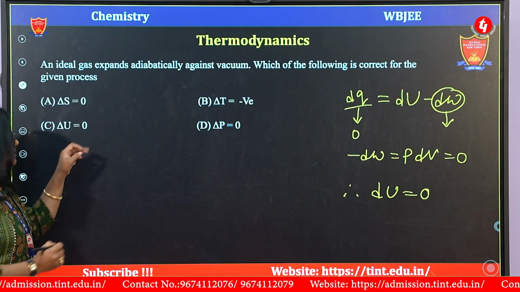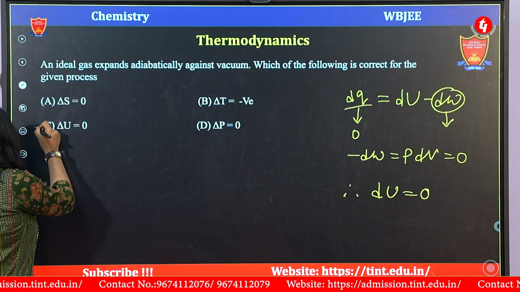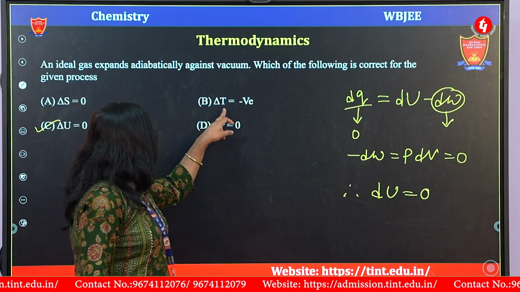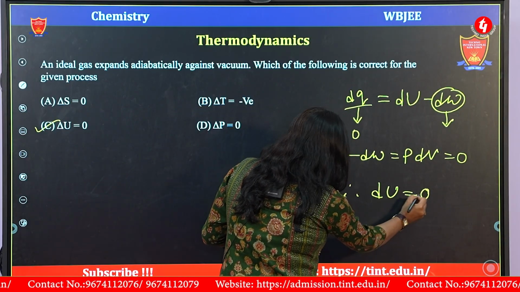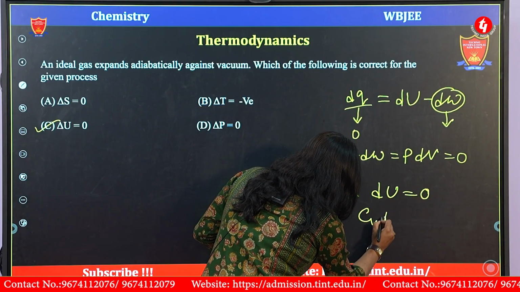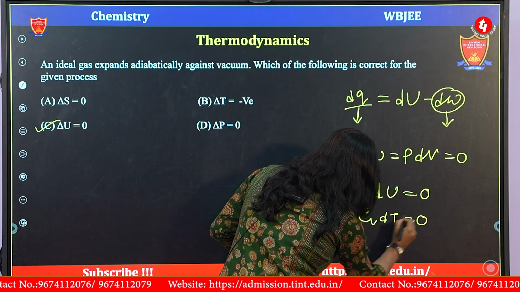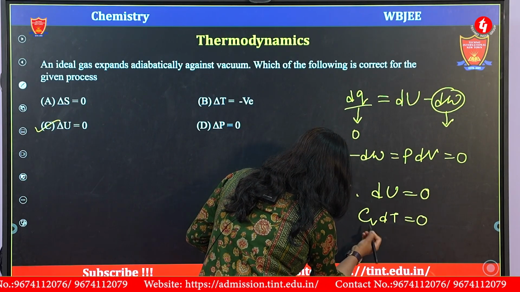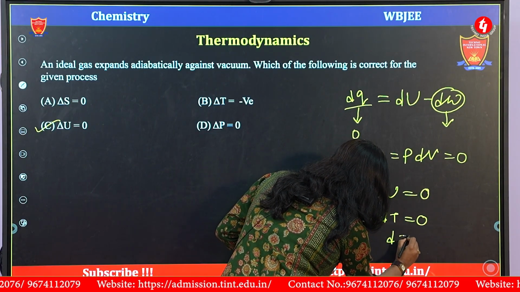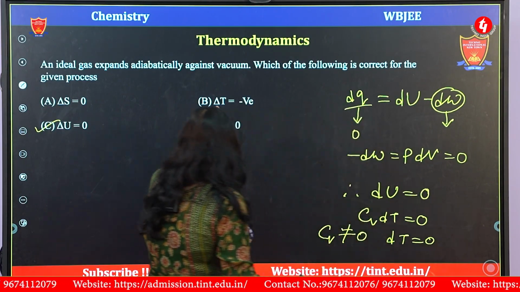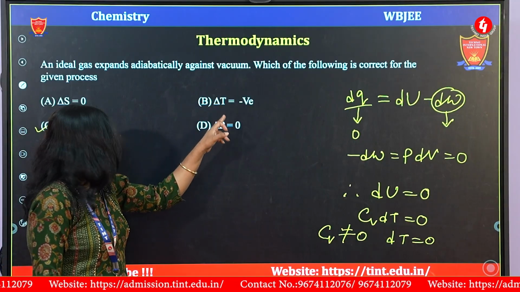What about delta T? When dU is 0, we know dU equal to Cv dT is equal to 0. Cv is not equal to 0, so dT equal to 0. So, delta T negative is wrong.